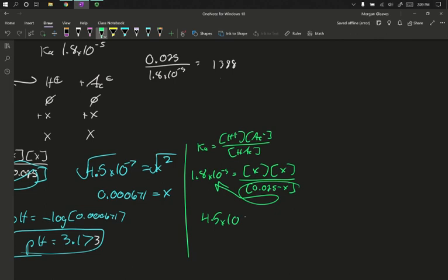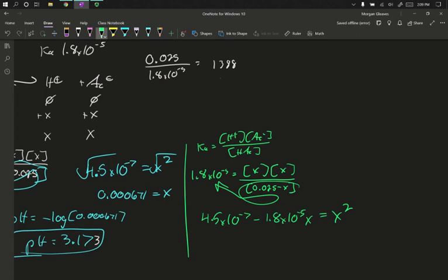4.5 times 10 to the minus 7 minus 1.8 times 10 to the minus 5x. So 0.025 times 1.8 10 to the minus 5 gives us our 4.5 here. And x, well, negative x times 1.8 10 to the minus 5 gives us our minus 1.8 10 negative 5x. All that has to equal x squared.